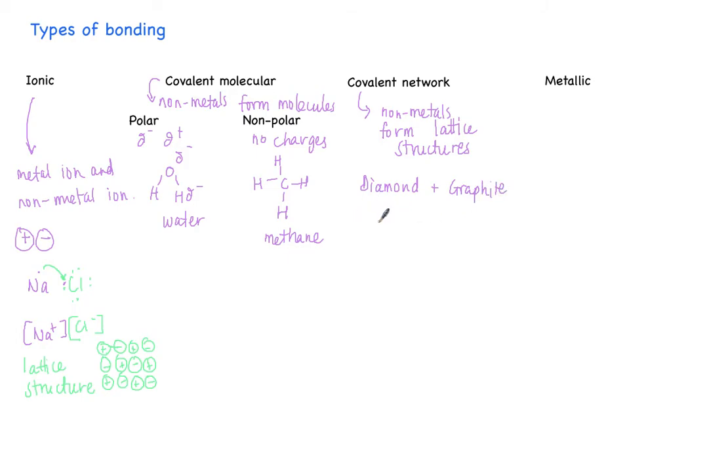And they're going to be made up of not just a set or designated number of atoms, like in methane and water. Okay, a molecule of water is always going to contain 2 hydrogens and 1 oxygen. A molecule of methane is always going to contain 1 carbon and 4 hydrogens.